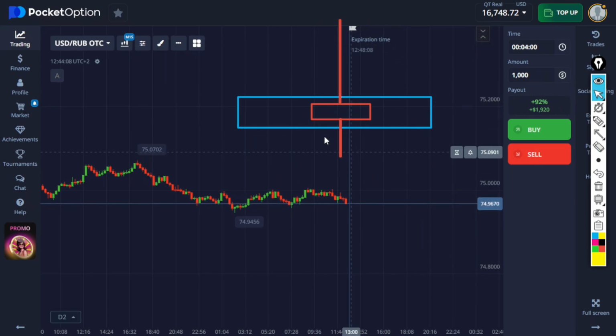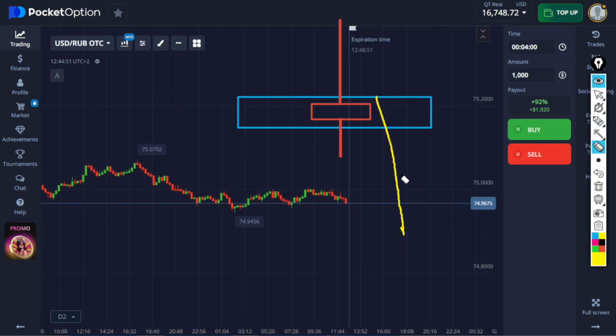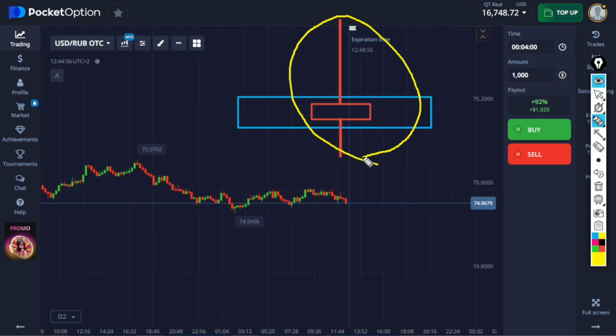So once this candle has formed, it's very likely that the price is going to continue to drop to the downside. So the closure of a bearish rejection candle in or near a resistance zone is a confirmation to us to go ahead and open a sell position.